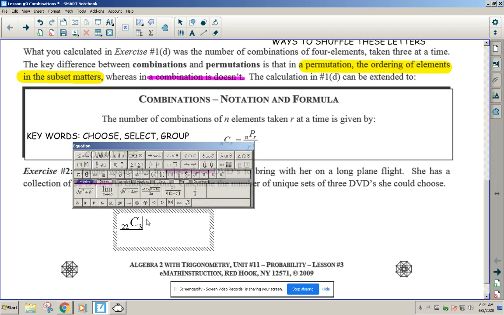And so if we were going to write out what this is using the formula from above, we can do that. If I have 22C3, the formula from above says that this clearly is going to come from 22P3 over 3 factorial.